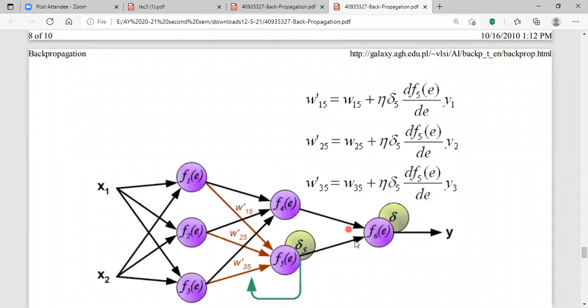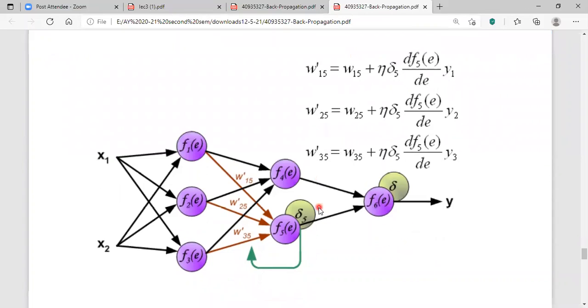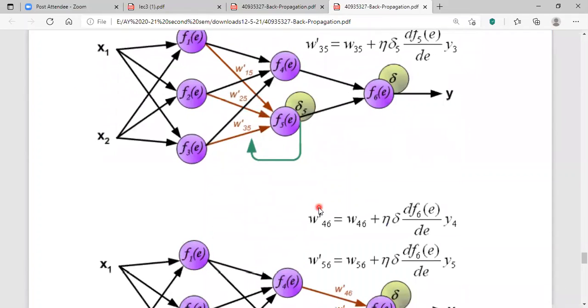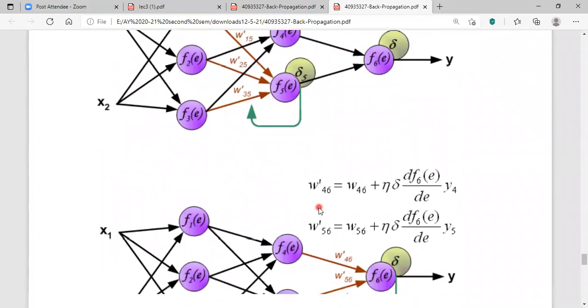Next, coming to the last layer, hidden layer to output layer. So here you have W46 and W56. That's all. Only 2 weights.